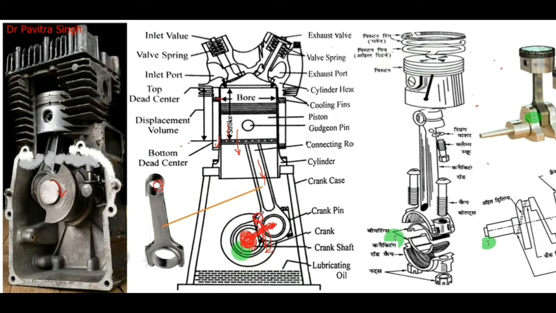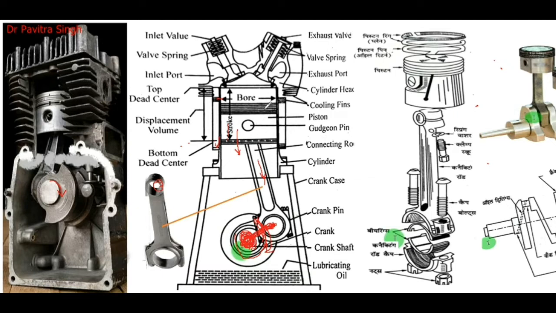When this piston moves in the upward direction, this crank will be in this location. So the reciprocating motion of this piston will be converted into rotary motion at the crankshaft. So this is the connecting rod, crank and crankshaft arrangement with this piston.